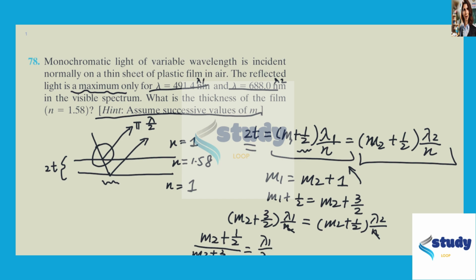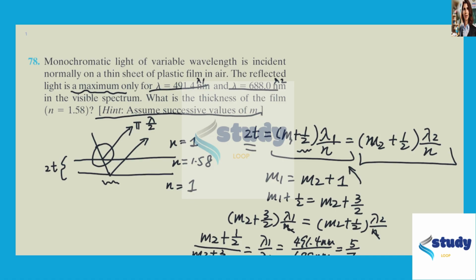What is lambda 1 over lambda 2? It's 491.4 nanometer over 688 nanometer. And if we simplify this, it's 5/7. So great. So now we can use the proportion back again.